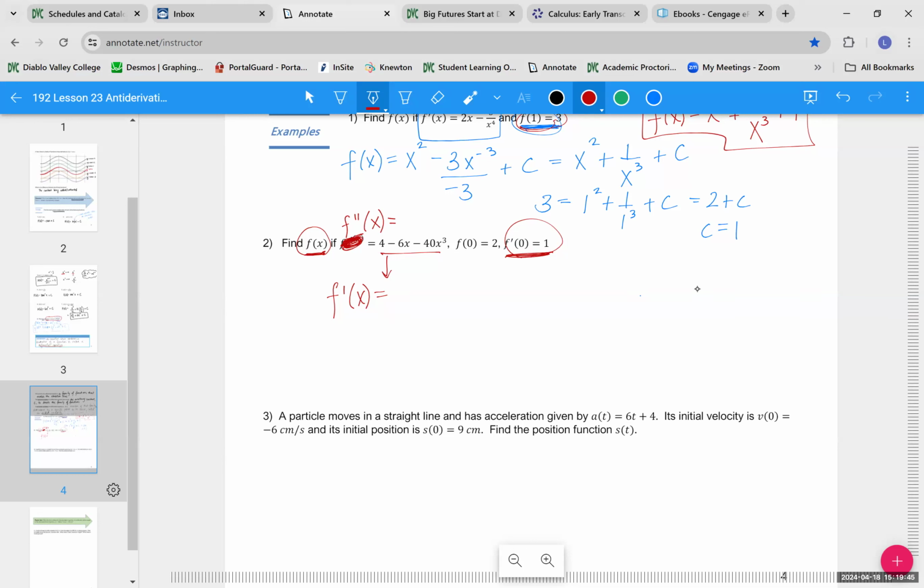So going from f double prime to f prime will be take an antiderivative. So I have 4x minus 2x squared minus 10x to the 4th plus c for my first derivative.